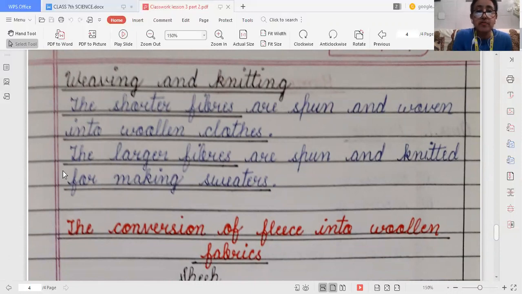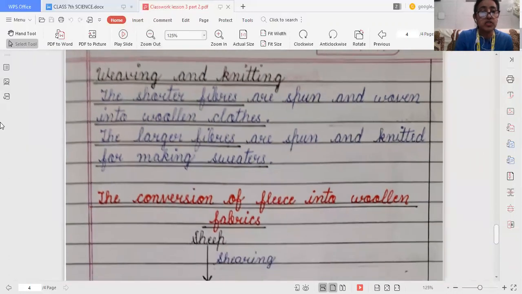The shorter fibers are spun and woven into woolen clothes. The larger fibers are spun and knitted for making sweaters. Means the shorter ones are always used to make woven woolen clothes, and the larger fibers are always spun and knitted for making sweaters.